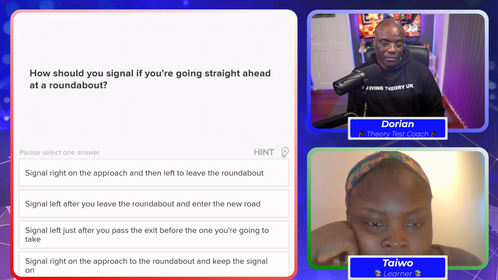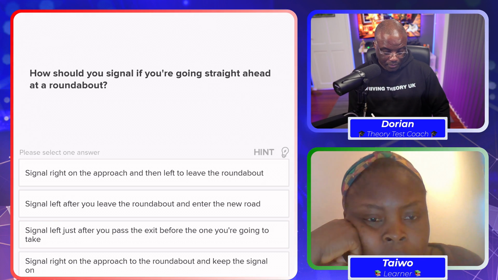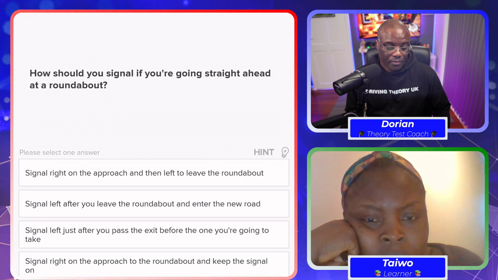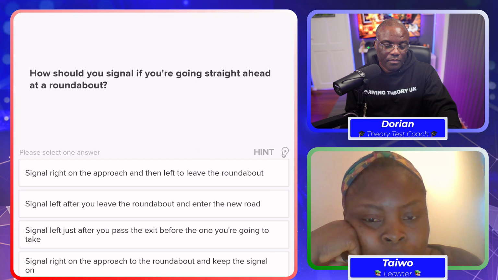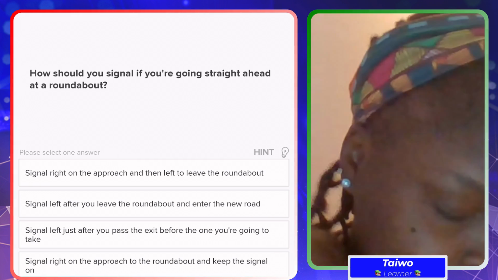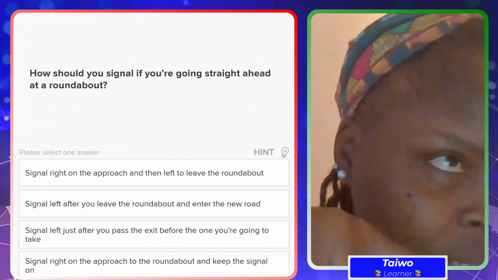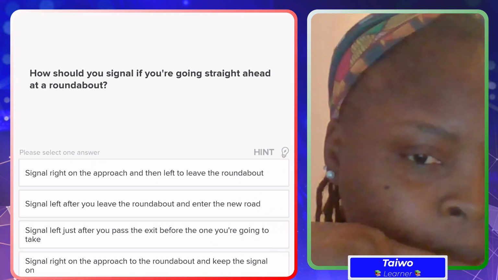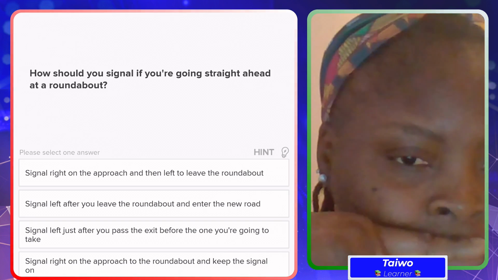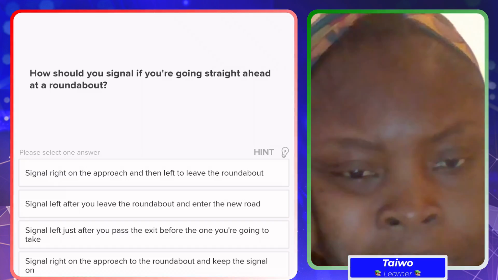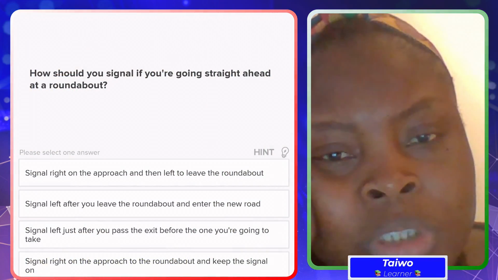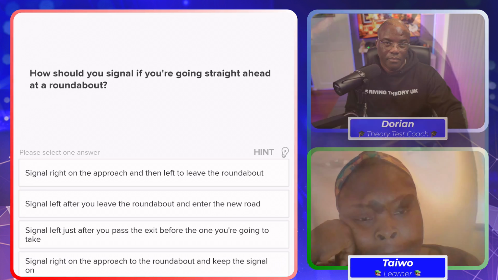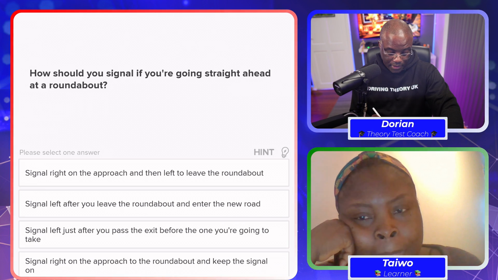So it's either B or C. Signal left after you leave the roundabout, or signal left just after you pass the exit before the one you are going to take. No, it's C. You can't signal left after you leave the roundabout. It's C. So you want to go for C.